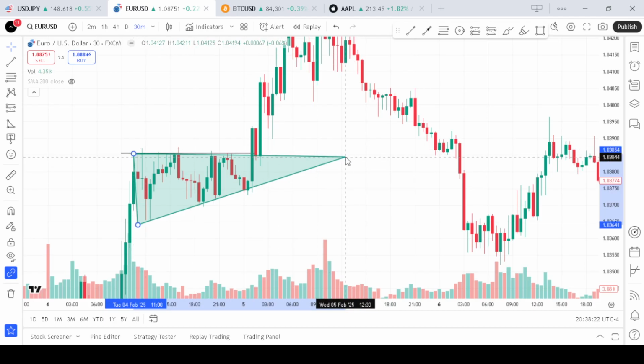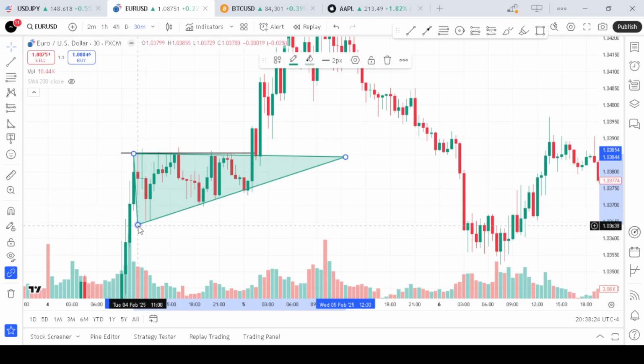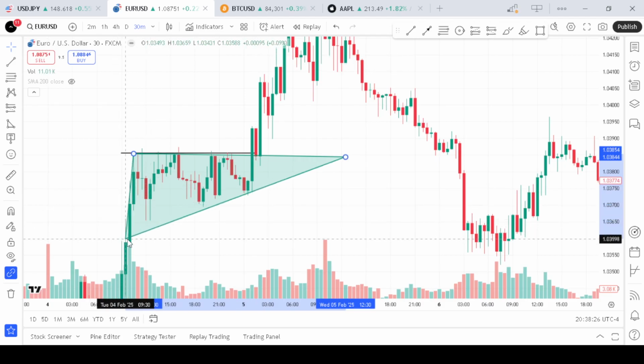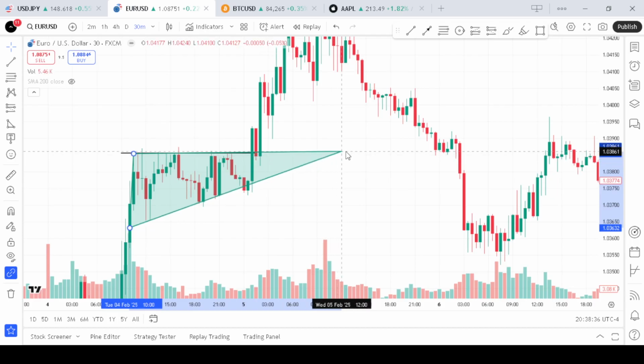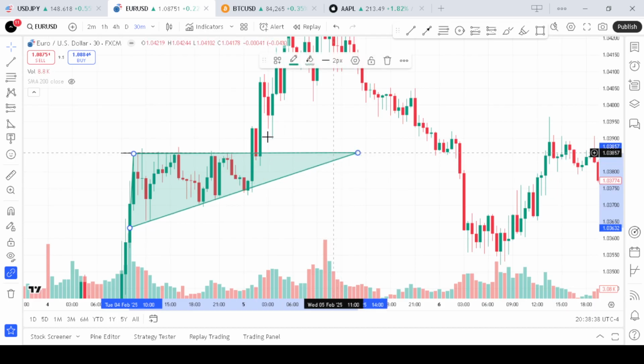Price respects these levels, and it forms the ascending triangle before price eventually breaks out to the upside and continues in the existing trend.